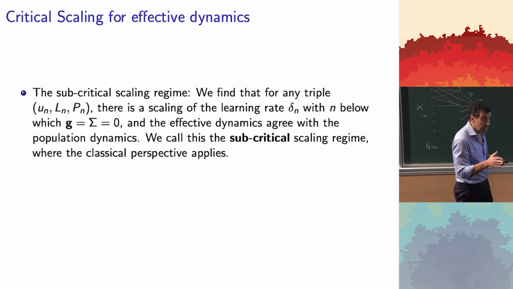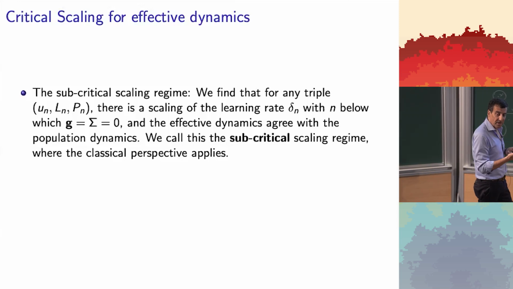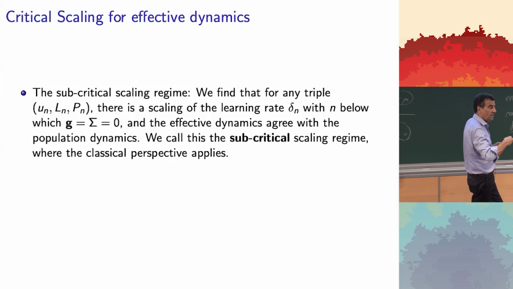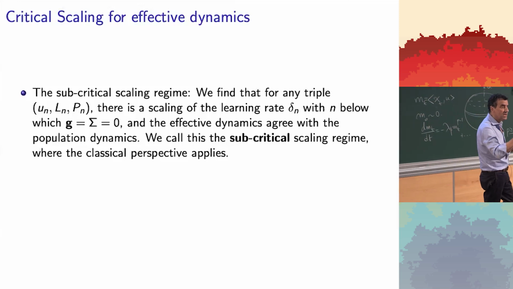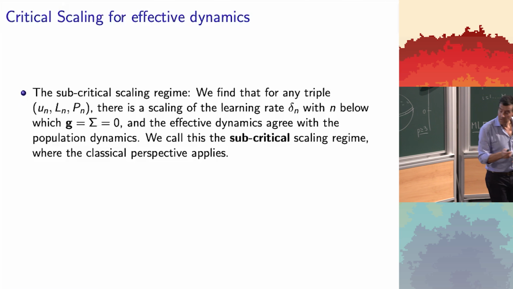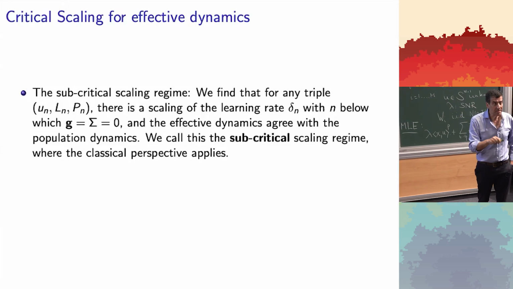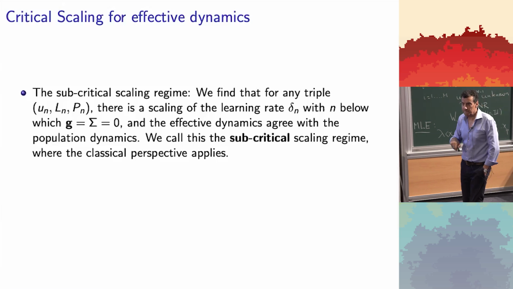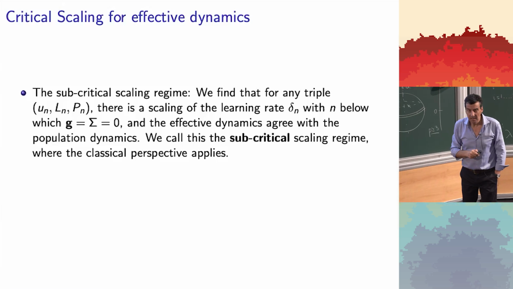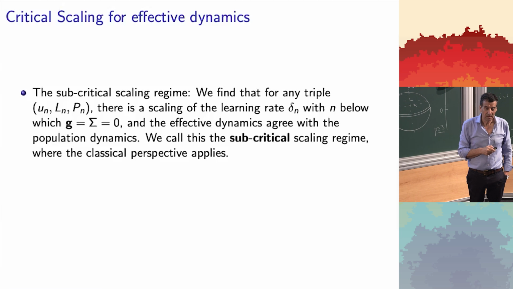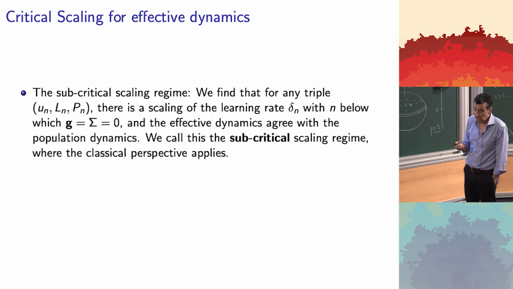That is, we have the same thing as for the classical picture. It's what's coming from the gradient flow of the population loss. We call this the subcritical scaling regime. So if the time step is small enough, then this applies. I remind you that you cannot necessarily take a very small time step. That depends on how much data you have.